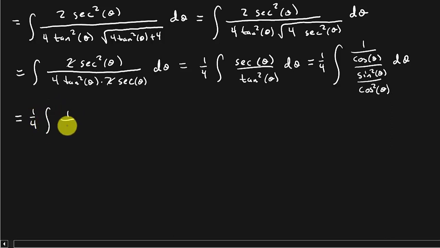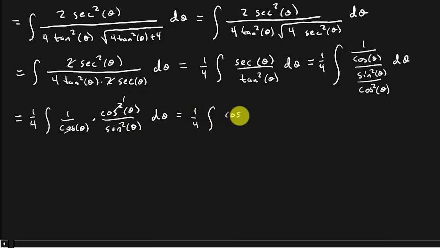And so this is 1/4 integral of 1 over cosine theta times cosine squared theta over sine squared theta d theta. And you can see cosines cancel. I'm left with 1 cosine up here.